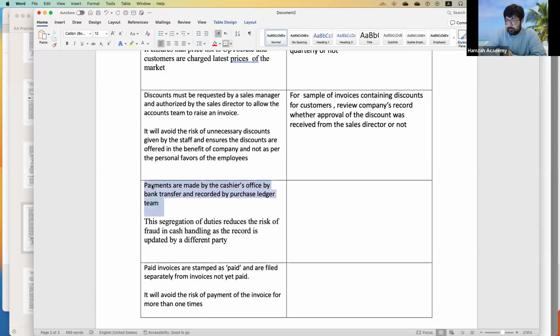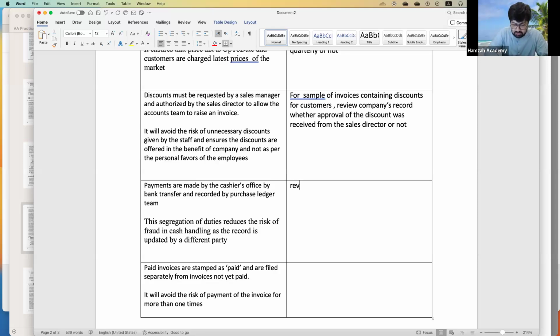Now, so they say payments are made by cashier office and by the bank staff and recorded by purchase ledger team. Now, so how to verify it? Yes, it is a bit easy.